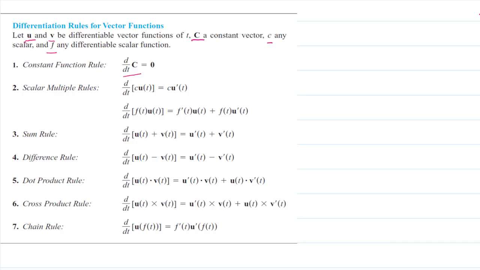As you see here, since u is the left side function, we can't change its place when we calculate the derivative. The last rule is chain rule. Derivative of u of f of t is equal to derivative of f with respect to the t times derivative of u with respect to the f of t.